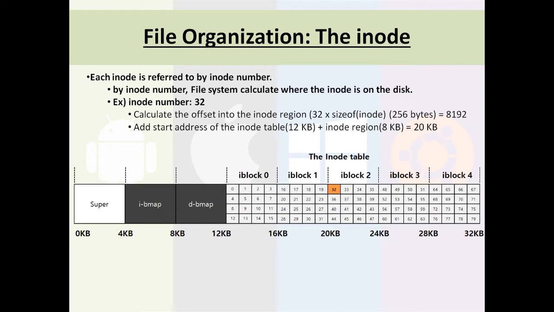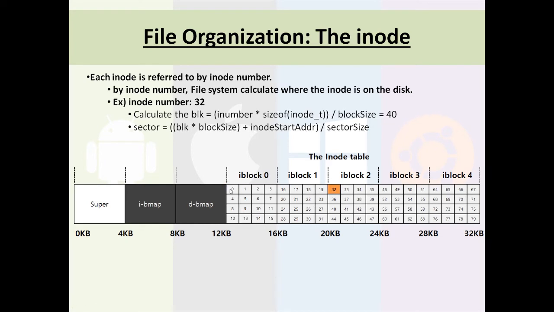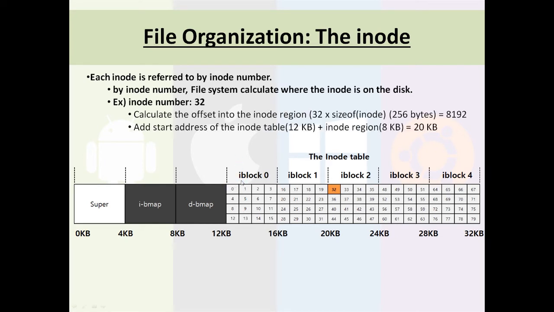Then we further assume that the inode region starts at 12 kilobytes. We're going to assume the inode table starts here, at 12 kilobytes. We're also going to assume that the super block starts at 0.